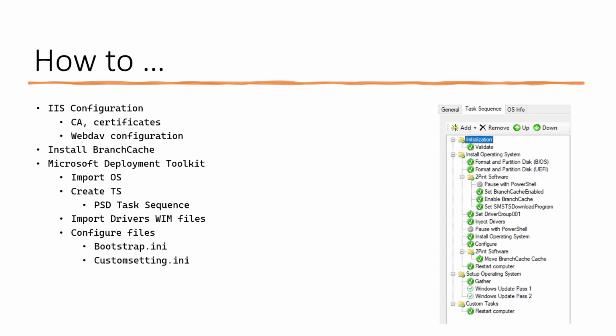You can add a folder to open software, set BranchCache, enable BranchCache, set the SMSTS donor program for BranchCache, and when the operating system is installed, you need to move the BranchCache to the folder on the hard disk drive for the system.